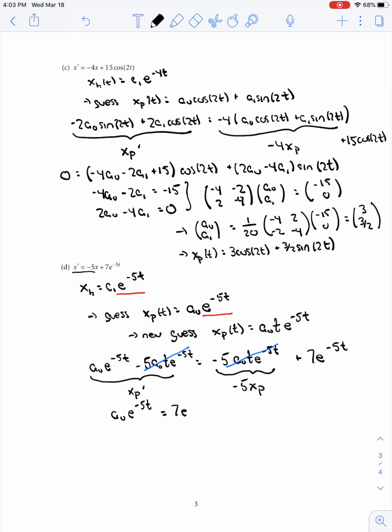That's easy to solve, because we can cancel out the exponentials, and we get a naught is equal to 7. So it worked. So the particular solution is going to be 7 t e to the minus 5t, and the full solution is a sum. So it'll be c1 e to the minus 5t plus 7t e to the minus 5t.